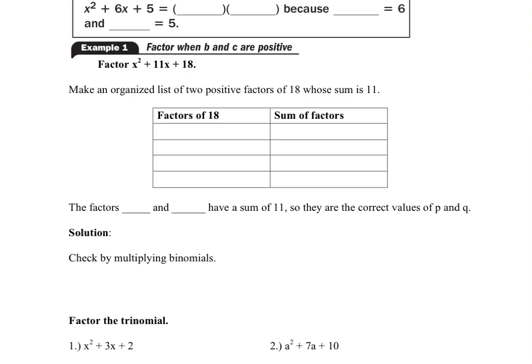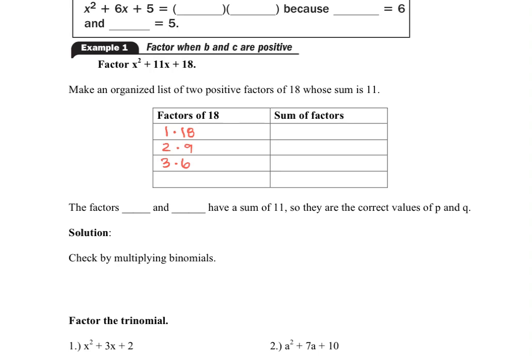All right, so let's try this next example together. We have X squared plus 11X plus 18. So one way that you can do this is you know that the two numbers that you need have to multiply to that last number. So we can start listing factor pairs of that last number. So we can say that 1 times 18 equals 18, or 2 times 9, or 3 times 6.